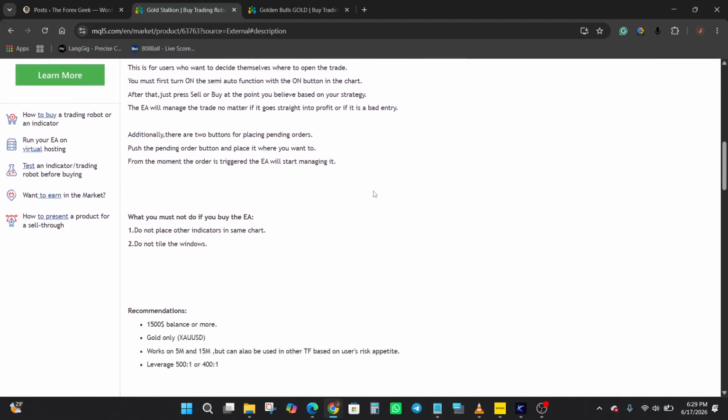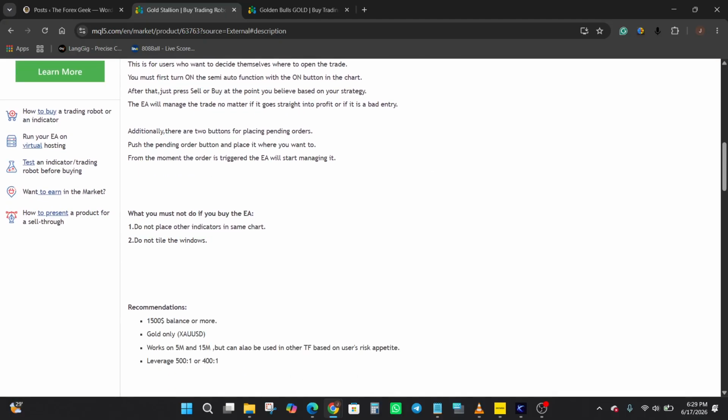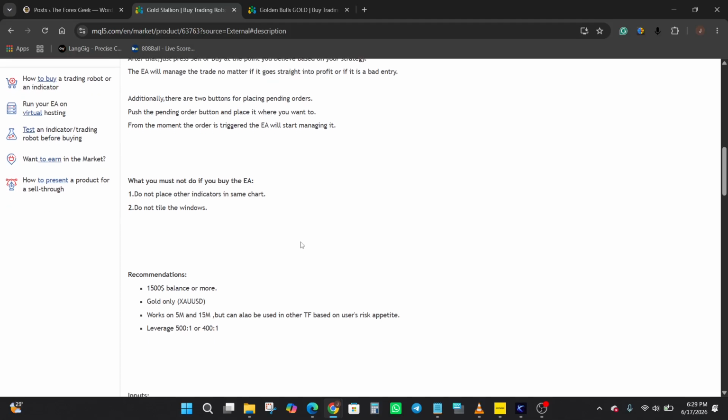Moving into the inputs section, there are extensive customization options available. Users can control starting lot size, stop loss values, trade spacing, maximum buy and sell positions, profit targets, and various trade management parameters.